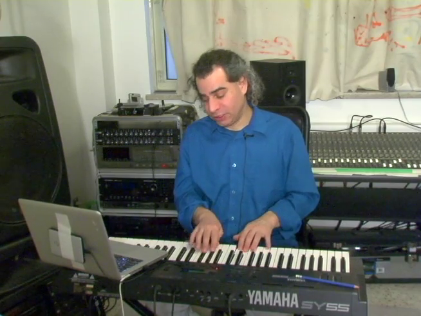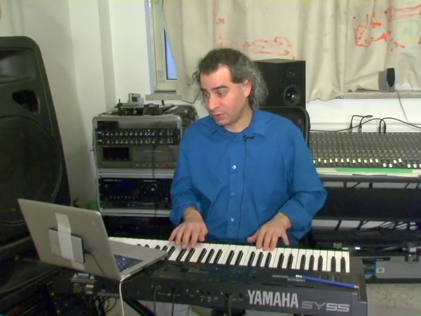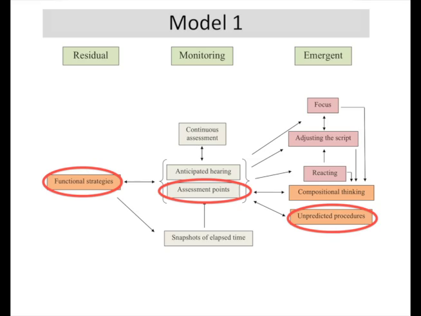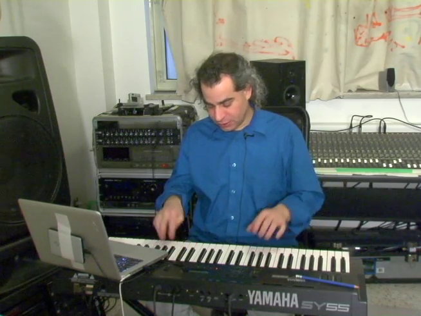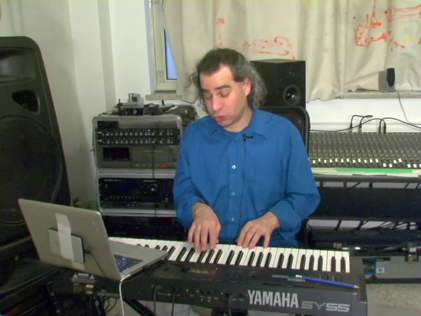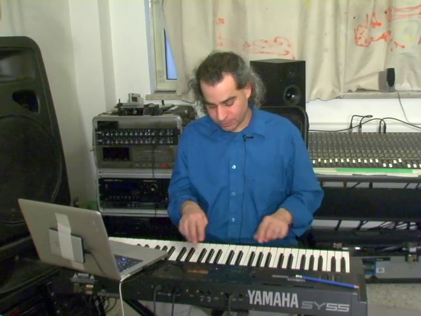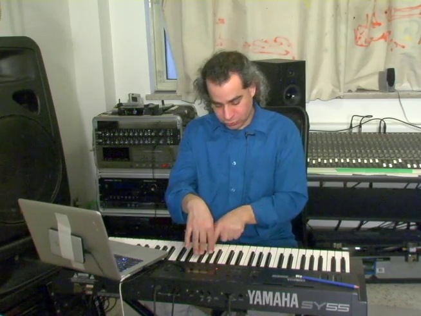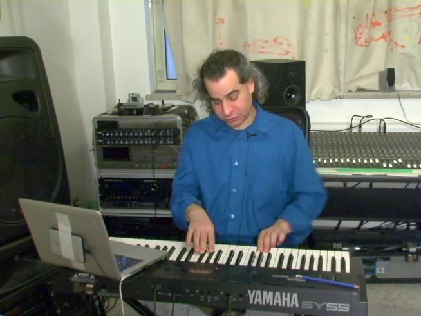Now this whatever interval is, to a certain extent, an unpredicted procedure, because I know that this is consistent, the intervals within each hand, but I'm not thinking that fast, so I'm not concerned with being too accurate about what the interval is going to be between these two major seconds and these other two major seconds.